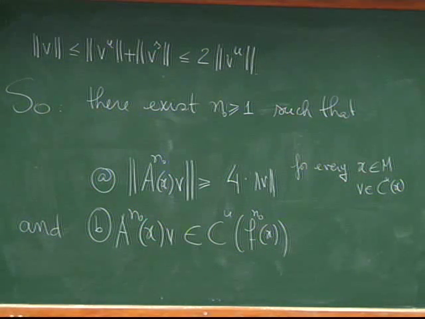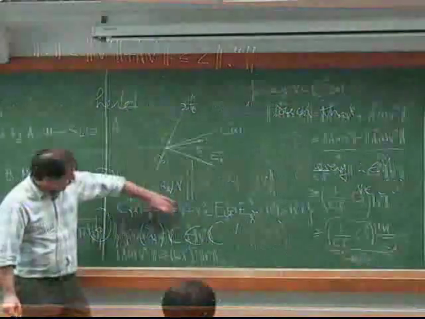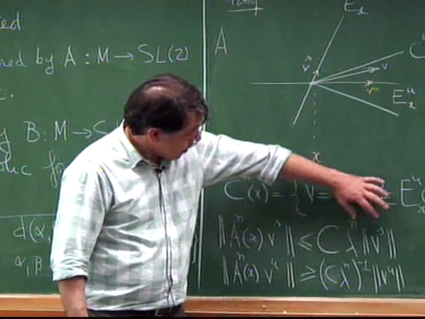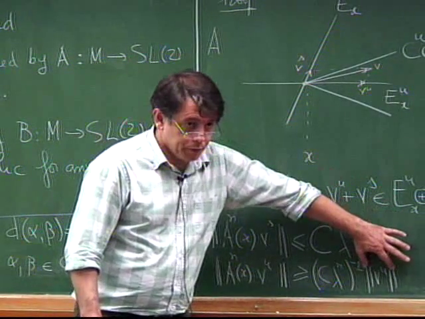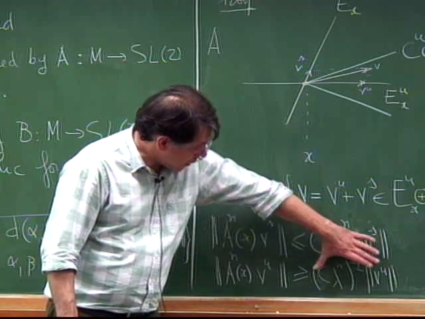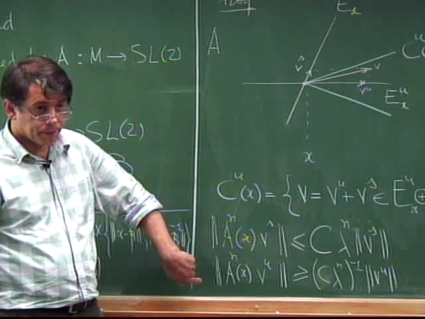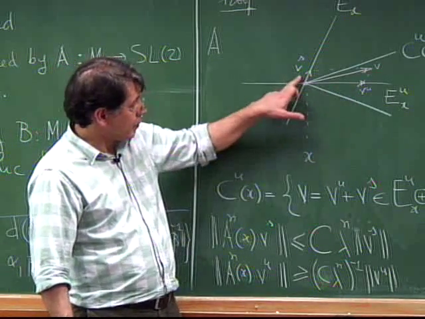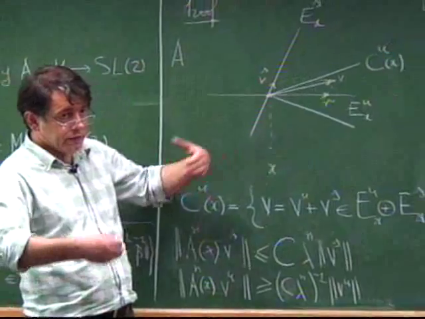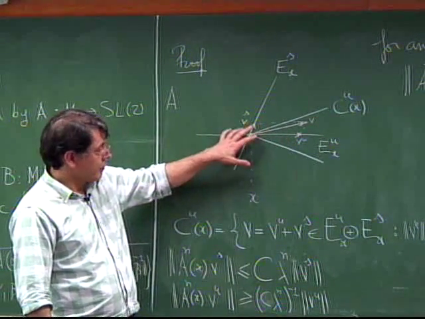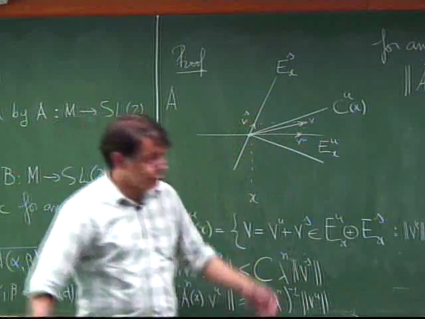This factor is a small number, Vs is smaller than Vu, then this is a big factor, and this product is smaller than this. I started with a vector where the unstable component was big, the stable component small. And then as I iterate, the unstable becomes even bigger and the stable becomes even smaller. So, of course, I still have this relation.